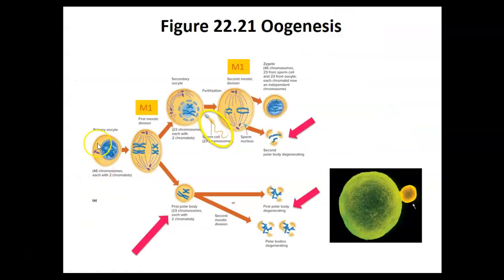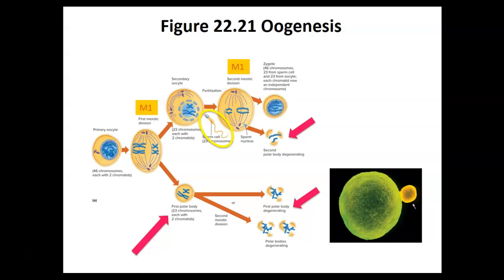All right, so here's your progenitor cell, your primary oocyte. We are undergoing meiosis 1, and we're going from diploid to haploid. But notice here at this stage, we have haploid both our secondary oocyte and our polar body. Notice the polar body is a lot smaller than the secondary oocyte. So now this is where the egg, or the future ovum, just kind of freezes.